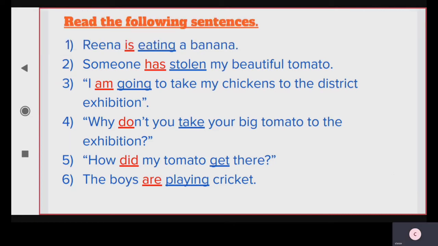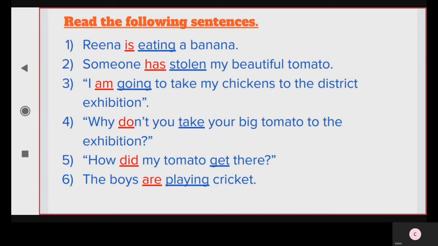The main verbs are eating, stolen, going, take, get, and playing. Right? The words highlighted in orange color, is, has, am, do, did, and are, are supporting the main verbs that follow them. These are called helping verbs or auxiliary verbs.